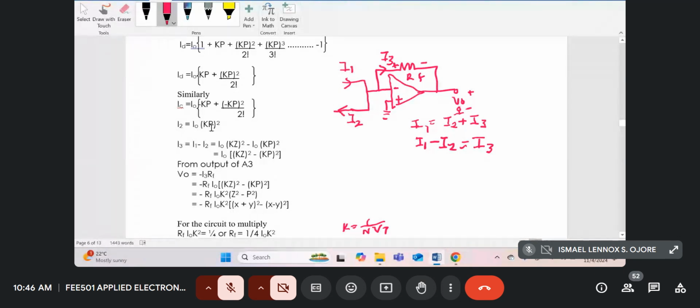We found out IC, and we found out ID. In this, let's just call them arbitrary numbers. Let's assume this is question 10, and this is question 11. So we found out IC, and we found out ID.